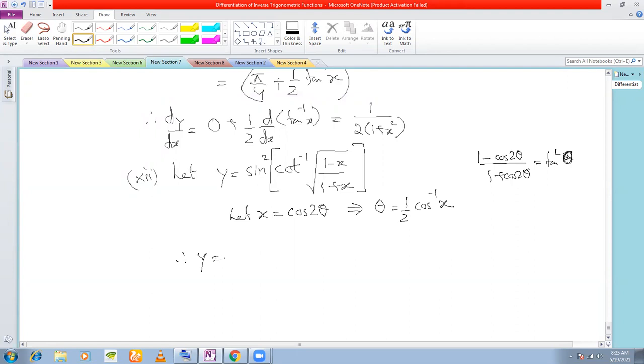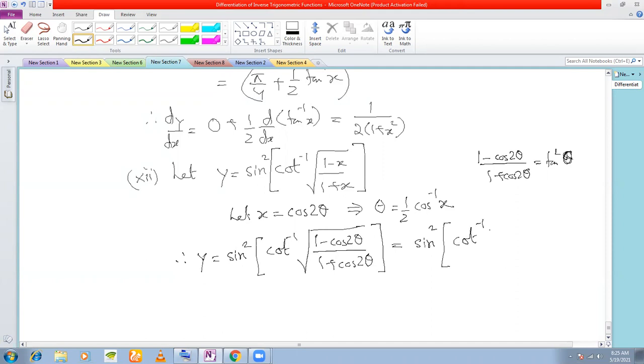Therefore, y will become sine square cot inverse root of 1 minus cos 2 theta by 1 plus cos 2 theta. 1 minus cos 2 theta by 1 plus cos 2 theta is tan square theta, and you have a radical, so this will become simply tan theta.